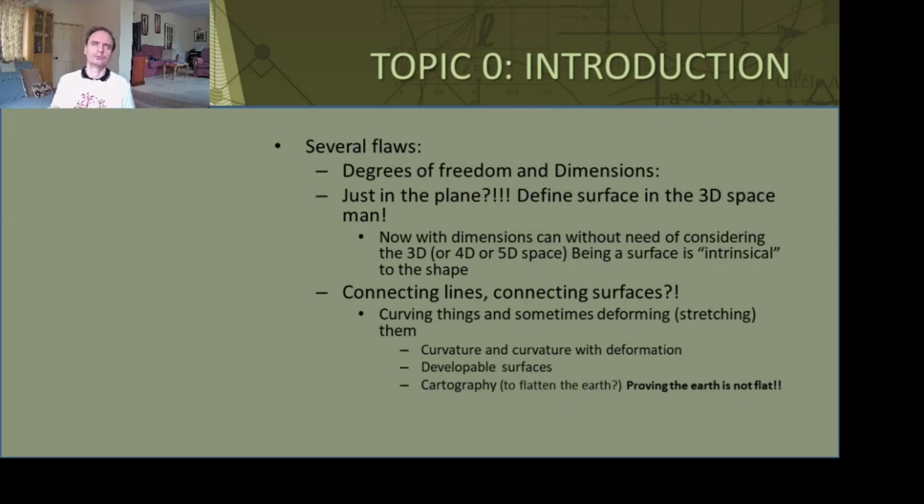And finally, we are going to be speaking a little bit about cartography, because the spherical surface not being a developable surface is the problem cartographers face when they try to represent something spherical, as the Earth is, onto a flat surface as a map is, okay?